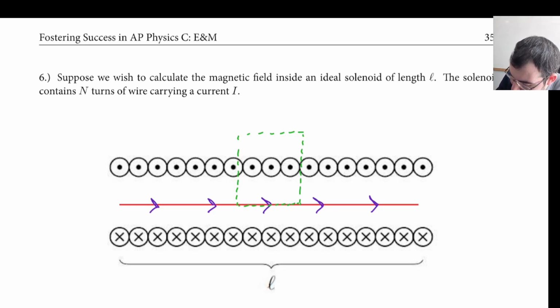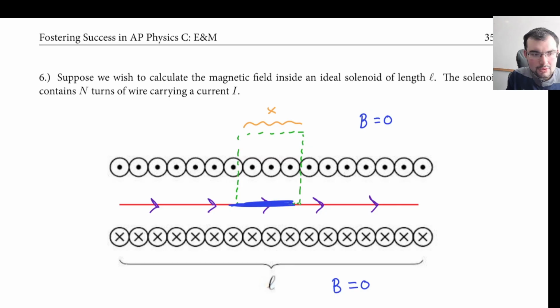So we're going to say that this length, the only relevant length, is x. And since this field is directed along the axis, just like in the case of the slab, these pieces do nothing. And since B is 0 outside, because we're neglecting edge effects from the solenoid, there is only one contribution to our circulation, and it is this portion.